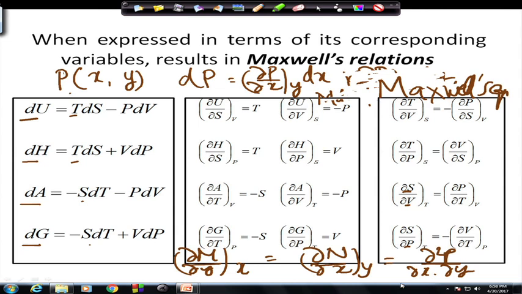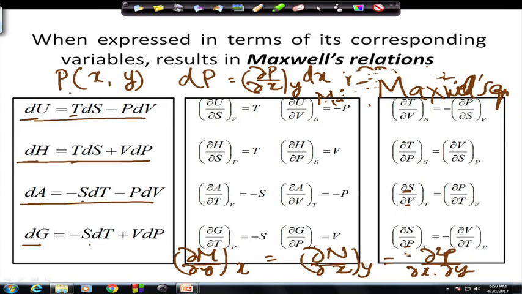So, from the differential equations of the different thermodynamic potentials, we come across a set of Maxwell's equations, and these are very important because they relate the non-measurable properties with the measurable properties. So, in the next class we are going to continue and find out how Maxwell's equations can be used to relate measurable with non-measurable properties. Thank you very much.